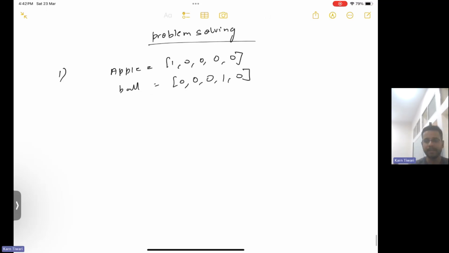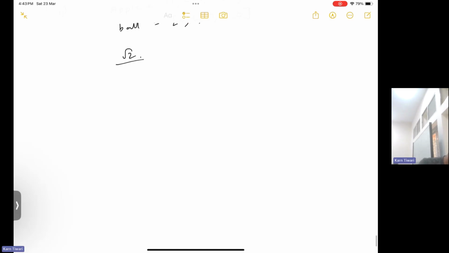So it's just two binary strings of length 5. The Euclidean L2 norm between these two is very easy to calculate: take the difference of each component, square it, and take the square root. The answer is just root 2, and with one-hot representation vectors it's always root 2.